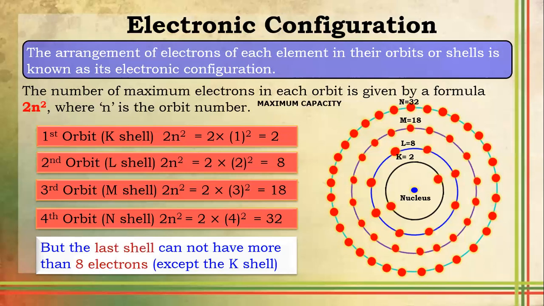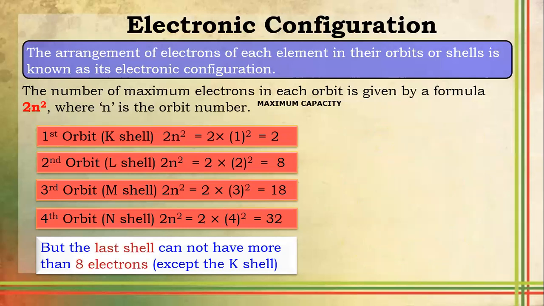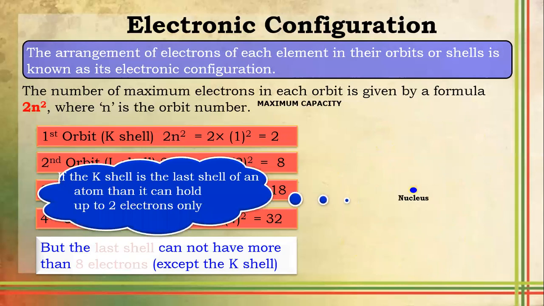So you will ask, sir, you wrote except K shell, what will be the stability for K shell to be the last shell? So remember students, whenever the K shell is the last shell, then it should have 2 electrons only, not less than that.